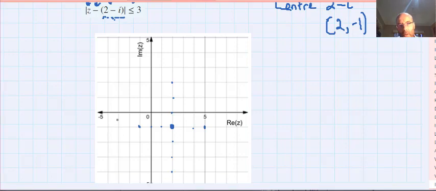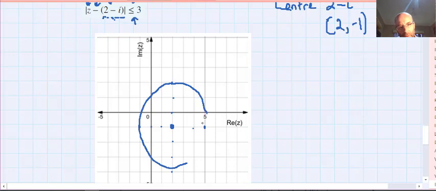Okay, so it's going to be a solid line because it's less than or equal to, and it's a circle. If it looks a little bit elliptical, that's purely because of the distortion in the scale of the y, of the im versus the re axes. So that means all the points are less than or equal to 3, so we shade inside the circle.